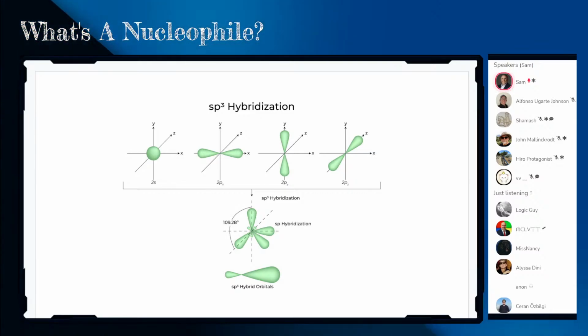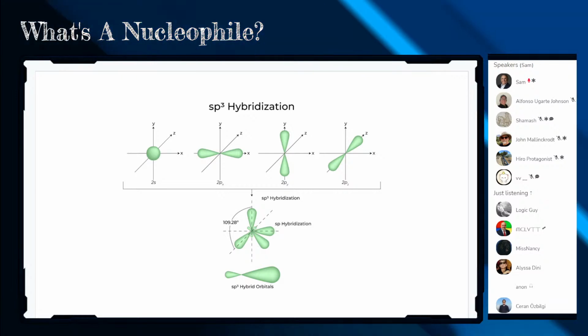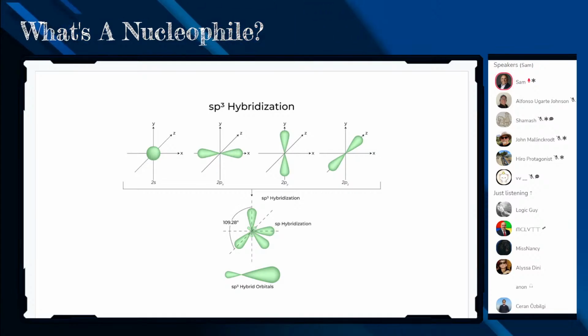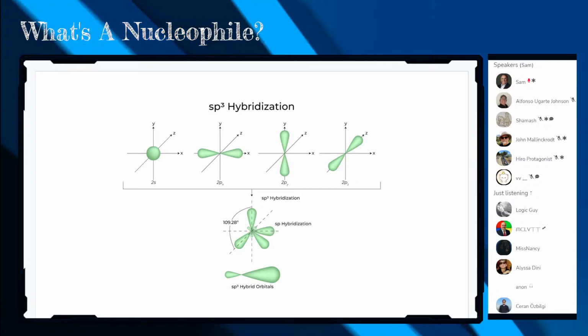And as far as orientation is concerned, they are also spatially oriented identically. When we mathematically combine these orbitals and come up with new ones, that's called hybridization.